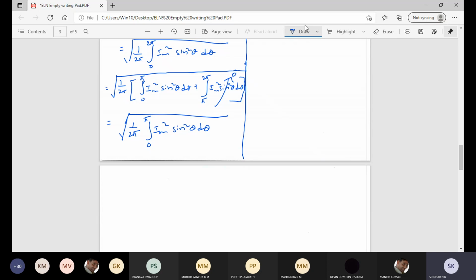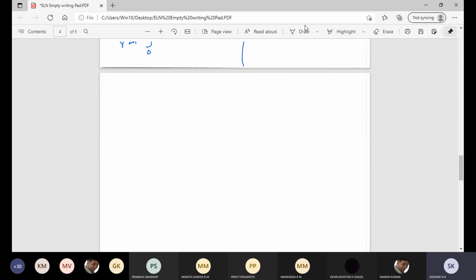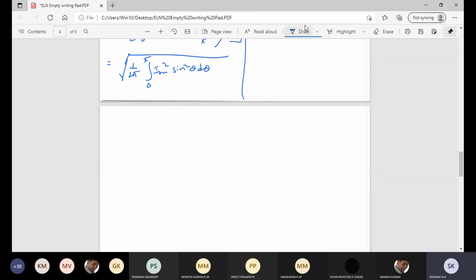Because this term is 0, I can take Im square out, divided by 2 pi, integral 0 to pi sine square theta d theta, correct?